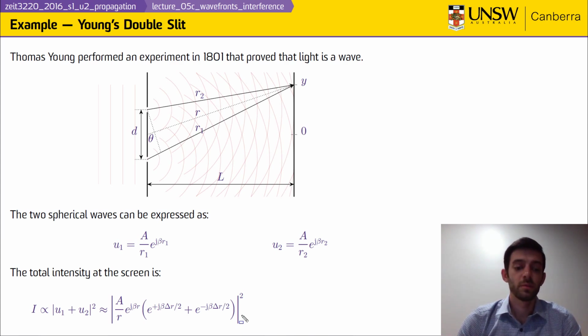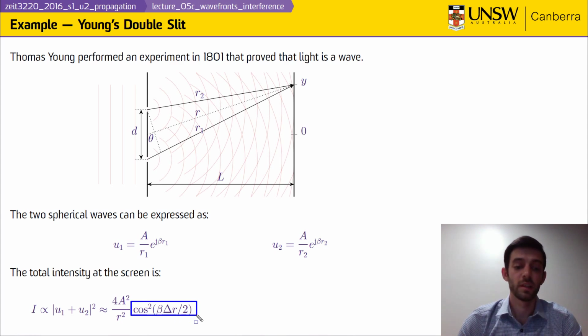Further grouping terms, we can factor out e to the j beta r, and we can recognize the remaining exponentials as a cosine. In this case, it'll be 2 cosine of beta delta r divided by 2. Solving further, we can expand the magnitude. We'll get 4a squared divided by r squared cosine squared of beta delta r divided by 2.